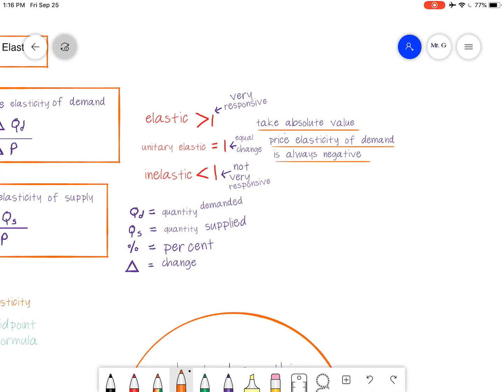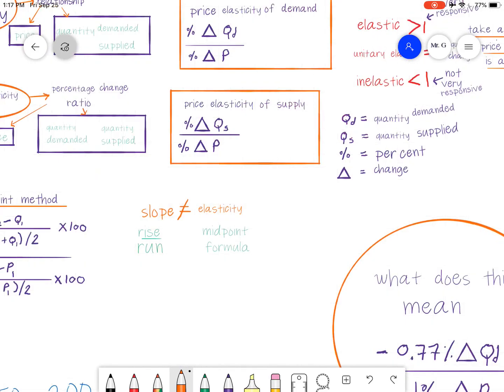For unitary elasticity, every percentage change in price will have an equal percentage change in quantity demanded, quantity supplied. And inelastic should be less than 1, not very responsive. The percentage change in quantity demanded or supplied will be less than 1 for every percentage change in price, okay? And we have to remember to take the absolute value, but we'll talk about that a little bit later.